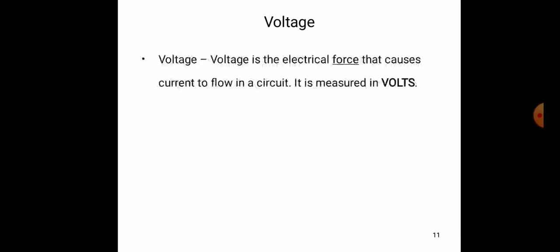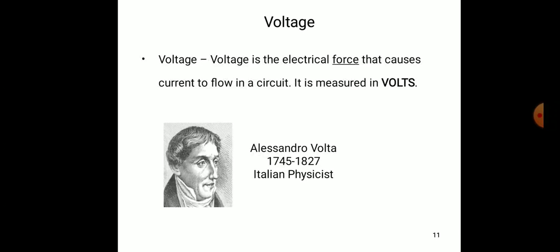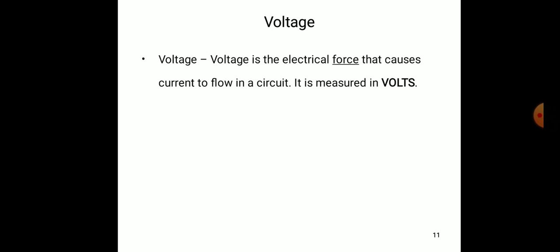It is measured in volts. The meaning is that voltage is the electrical force, and that force causes the current to flow. Whenever this force is applied to the conductor, it energizes the electrons, and the electrons move from the positive to the negative, or from the higher charge to the lower charge.